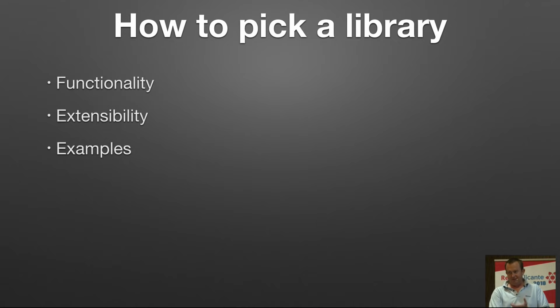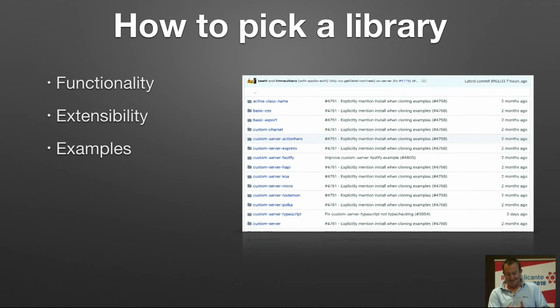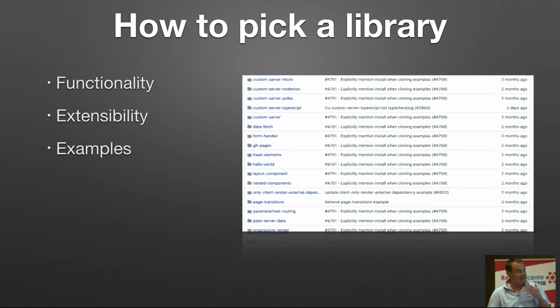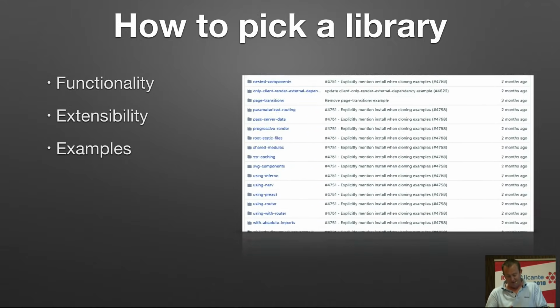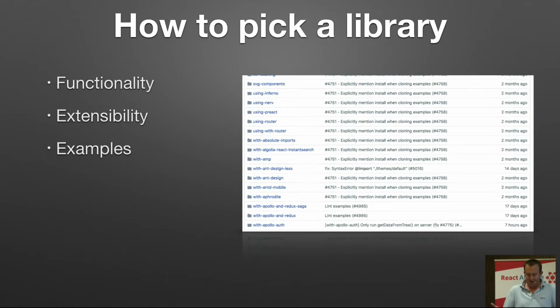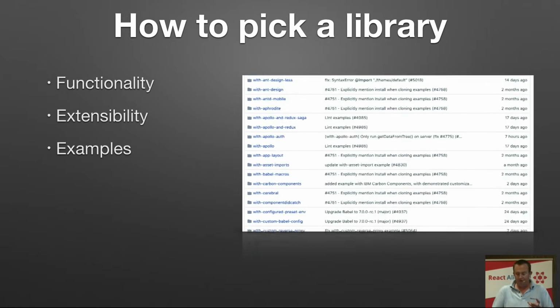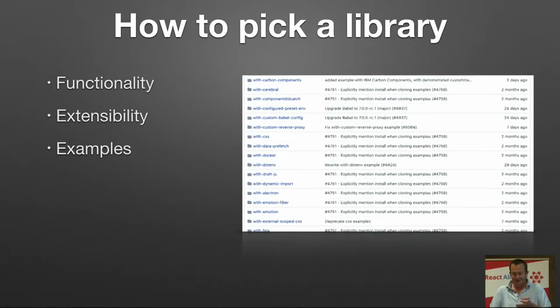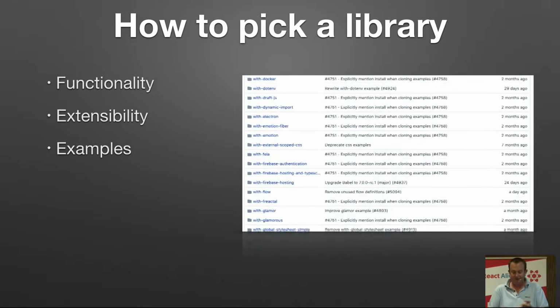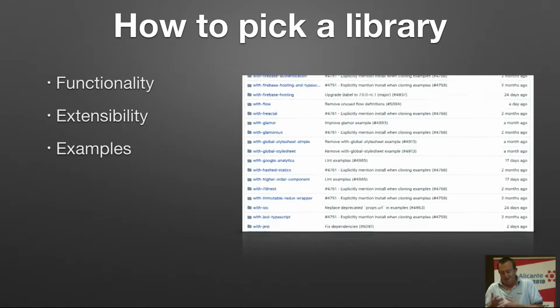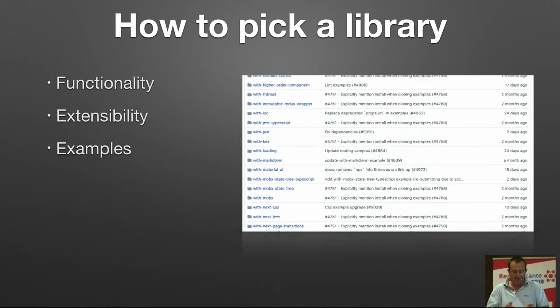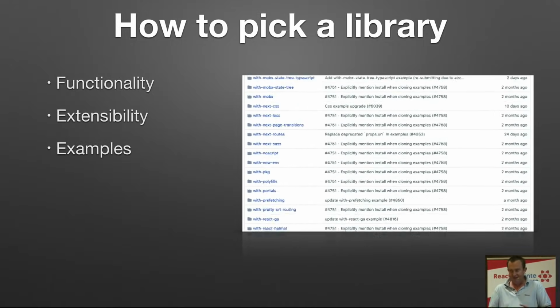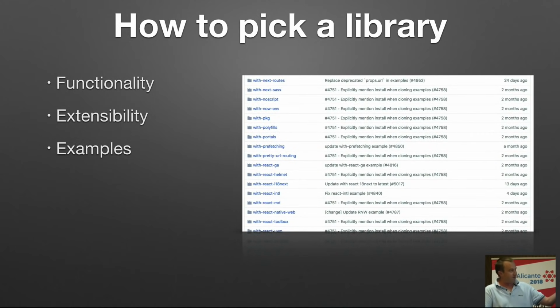There are many, many things that I love about Next.js. But one of the biggest ones is the examples directory in the repo. For every single companion technology that you can think of, like all the Node web servers like Express and Koa and Hapi, or all the CSS and JS libraries like Glamor and Styled Components and Emotion, and all the state management libraries like Redux and Apollo and Unstated and Redux Saga and all that stuff, for every single one of those, there is a directory in there that shows you how to use this with Next.js.